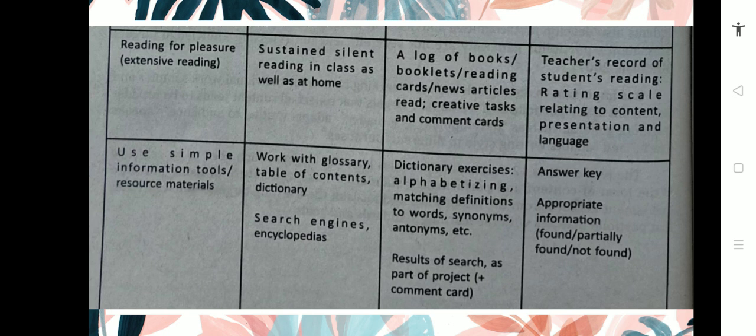Okay, so our last goal is to use simple information tools or resource materials. Our sample classroom activity is to work with a glossary and table of contents, dictionary, search engines, and encyclopedias.